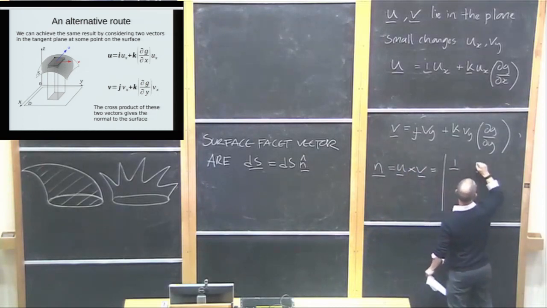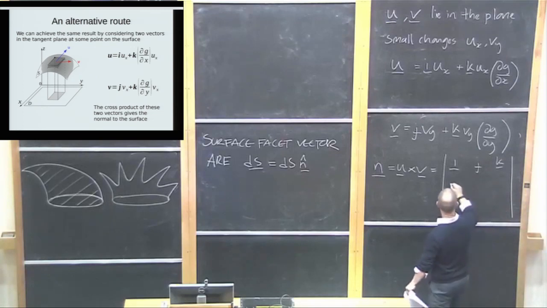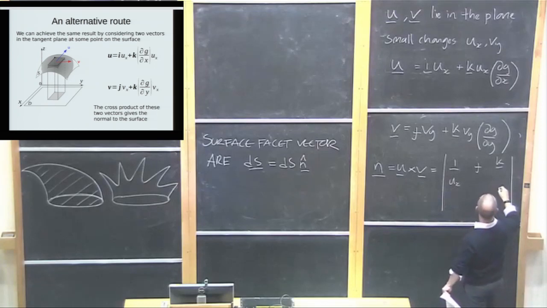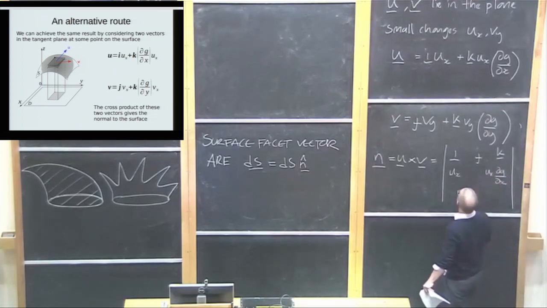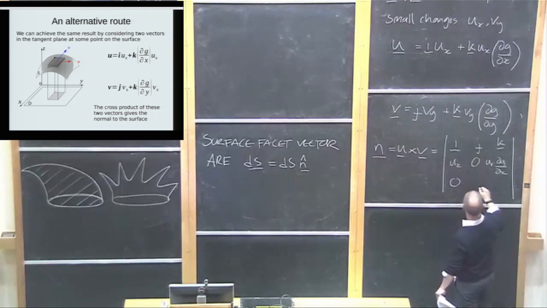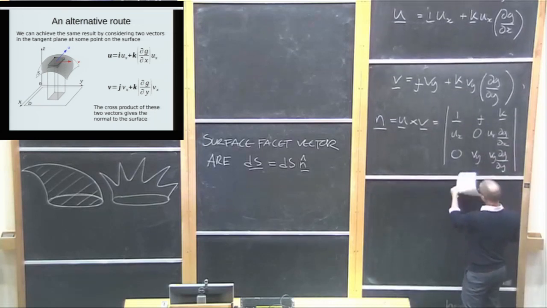So that's i, j, k. u has an i component of ux, no j component, and a k component of ux dg dx. And this one has 0, vy, and vy dg dy.